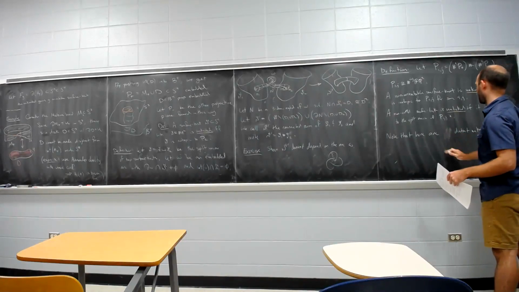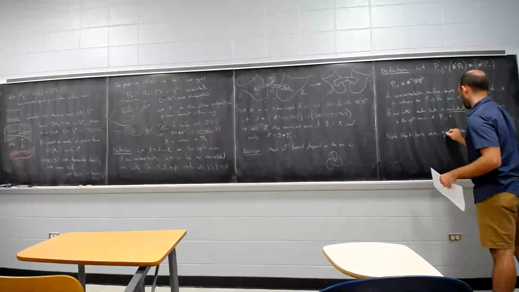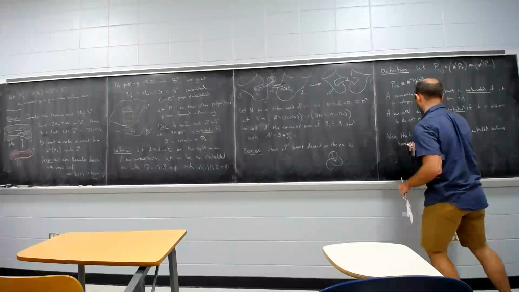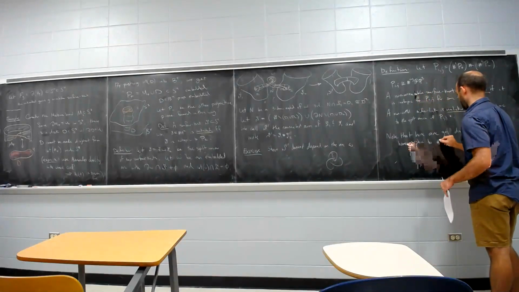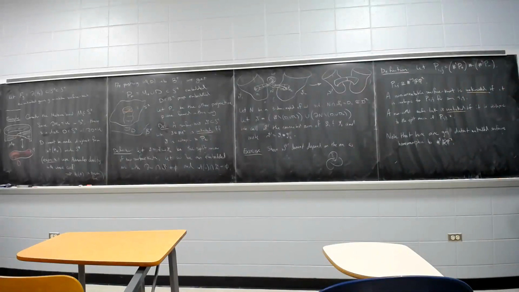I wrote it differently in my notes. I think I wrote that there are g plus 1 distinct unknotted surfaces homeomorphic to the connected sum of g copies of RP2.